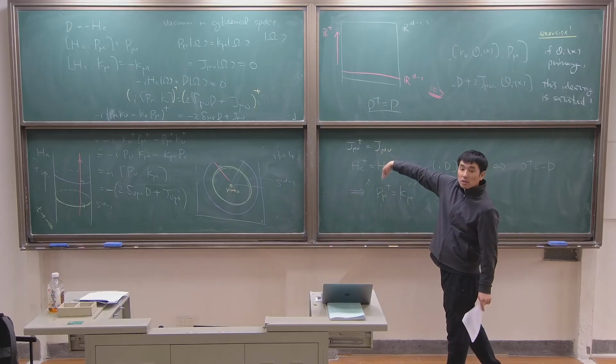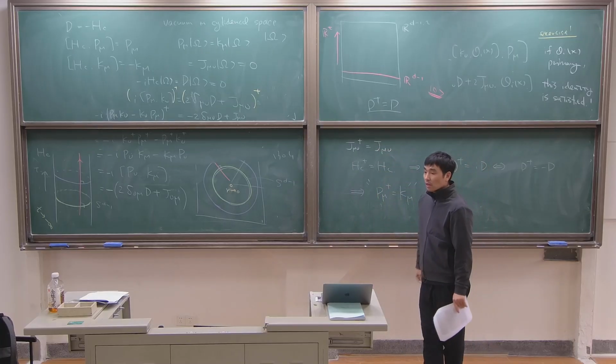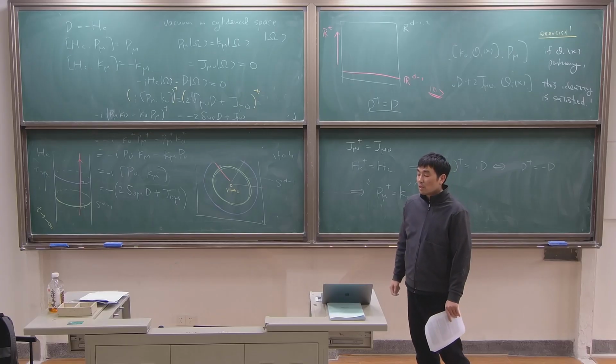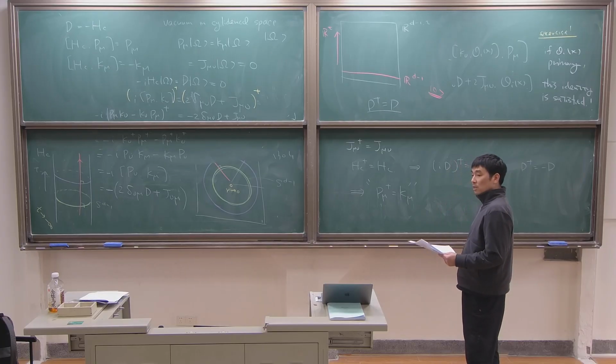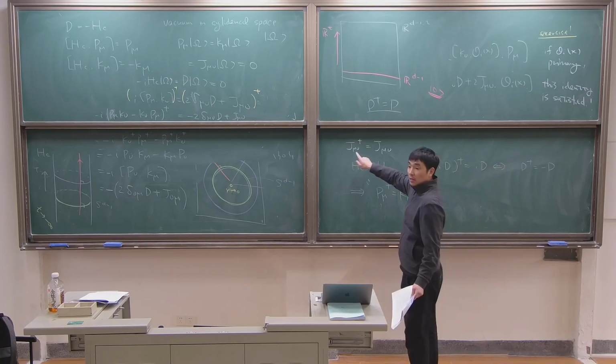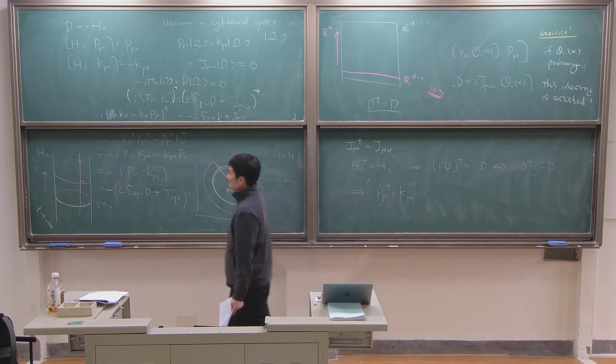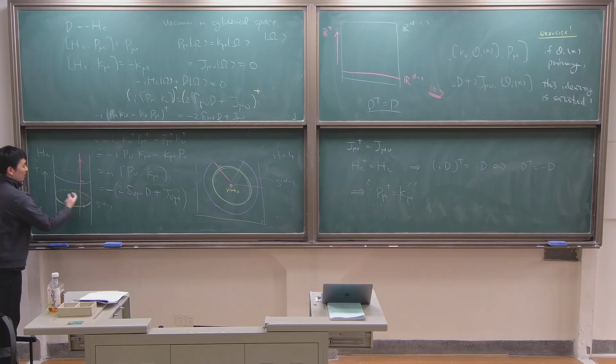Excuse me, why does J dagger equal J? This one gives the rotation, the symmetry of space-time. Symmetry of space-time needs to be unitary.